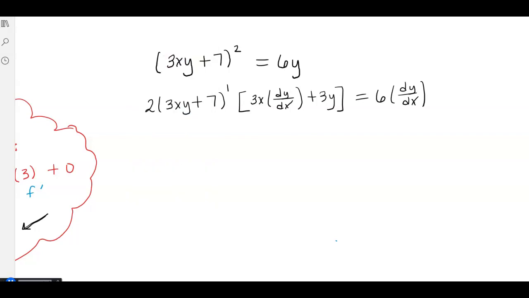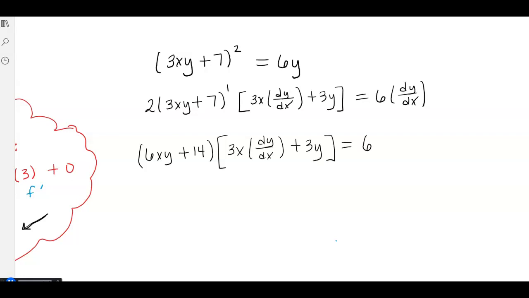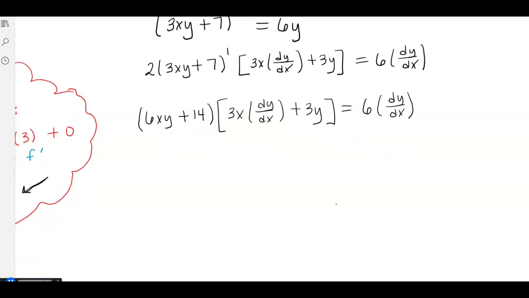All right, I'm going to first distribute the 2 to get 6xy plus 14. And then I've got to multiply this binomial out because I've got to separate the dy dx's.